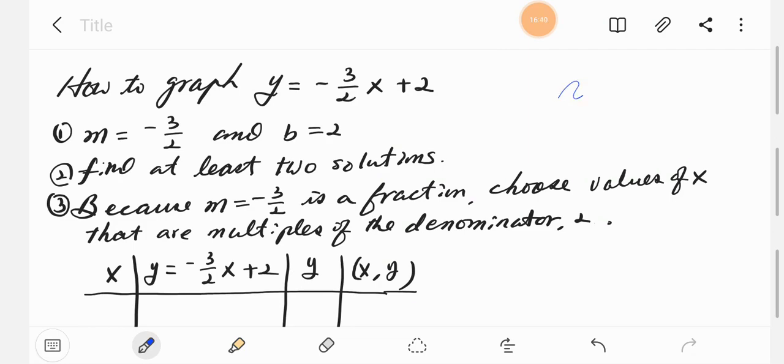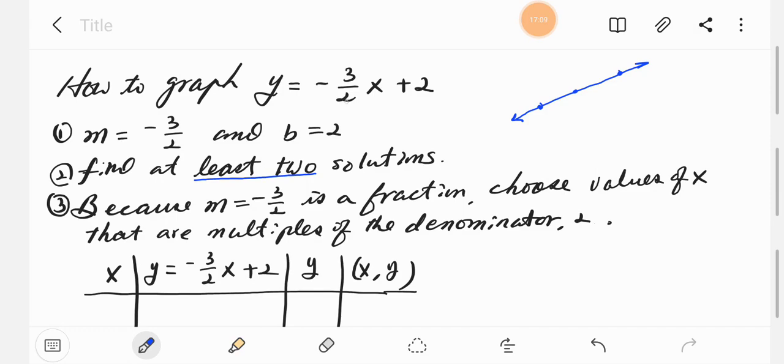In order to graph a line, if there are 2 points given, then you can connect these two, and this will form a straight line, right? So use at least 2 solutions. If you find 3 solutions, that is fine. And all these 3 points should lie on the same line, right? Collinear, we call them collinear points.